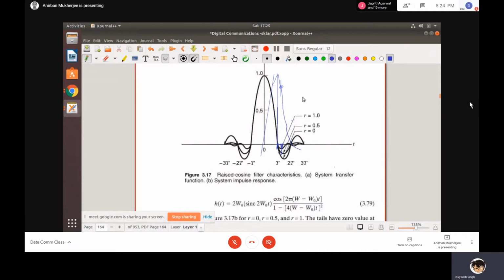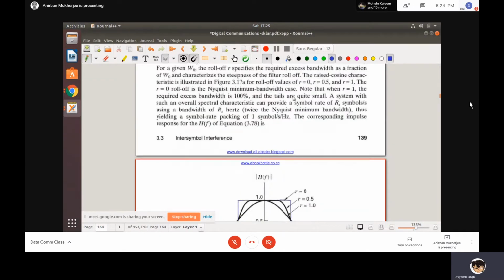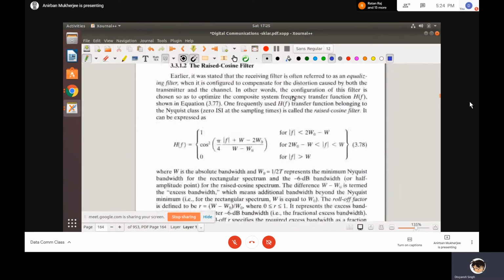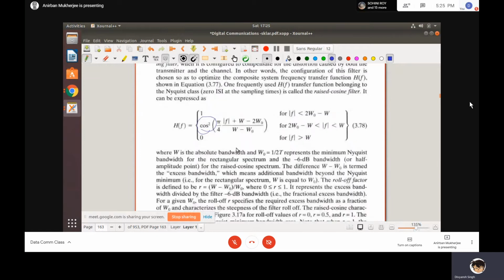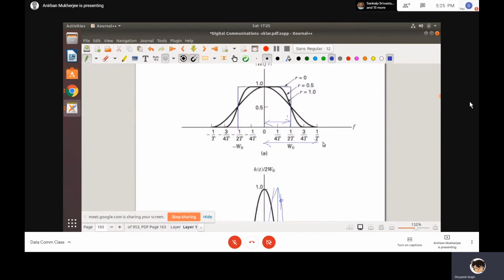Okay. So this we have studied, and this filter, if you remember that raised cosine characteristic, H(f) is some sort of a cos square term, and the excess bandwidth is W minus W0. Roll-off factor is the excess bandwidth divided by the nominal bandwidth, that is (W minus W0) divided by W0.